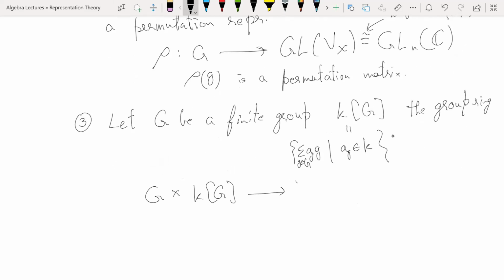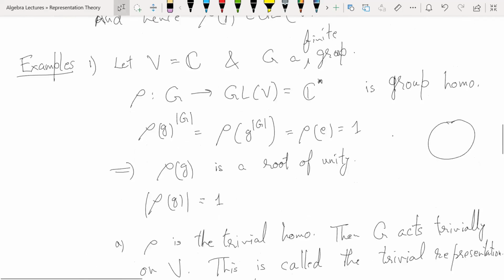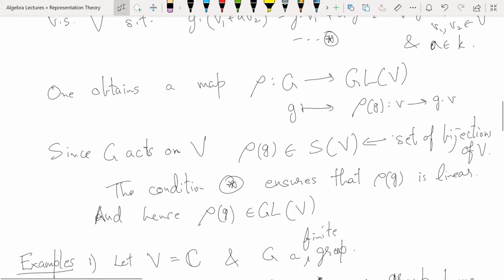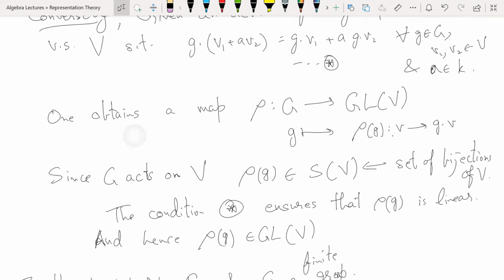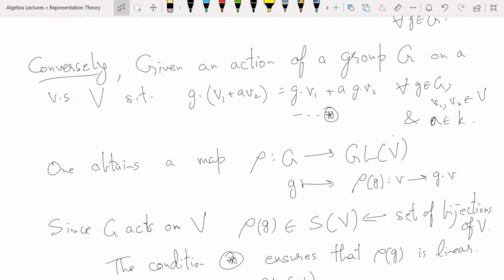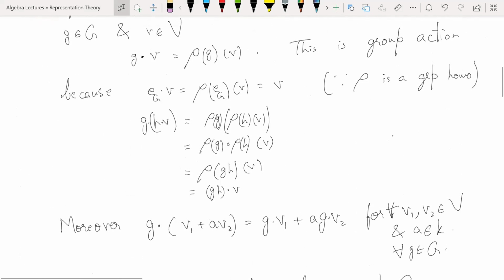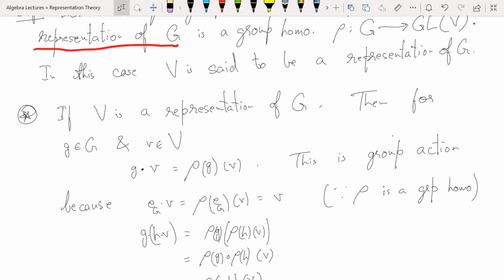There is a notion of left, and what we have defined is a left representation. Even if you have a right representation, if you define it in terms of maps, this left or right is sort of gone. It's a group homomorphism.